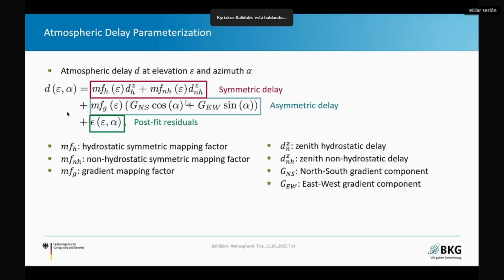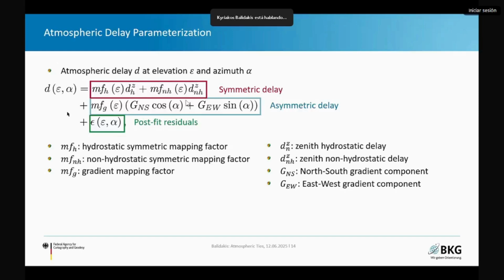If you are a user and you want to apply it, you don't need to download stuff 4 times a day. You just download the coefficients and you have them forever. But of course, this comes at a cost, and the cost is reduced accuracy in the atmospheric delays you derive, and also in the station coordinate positions.